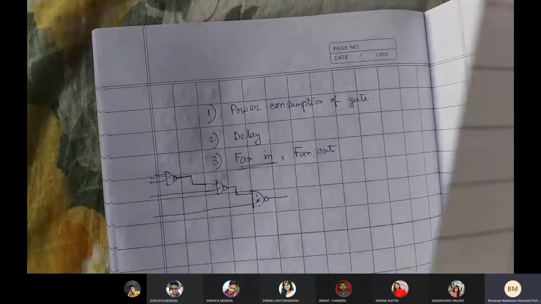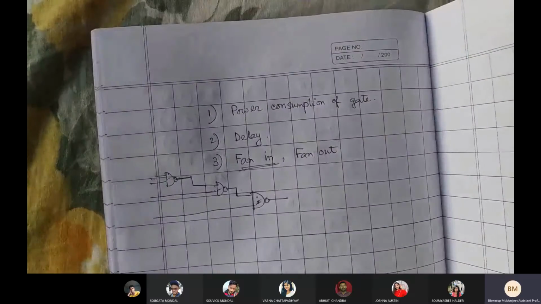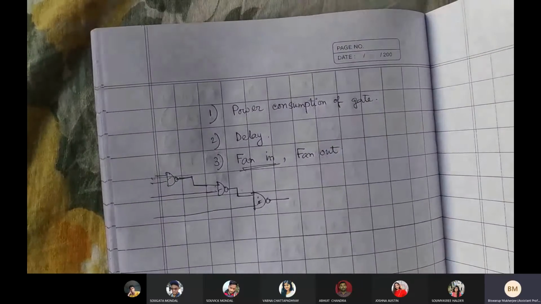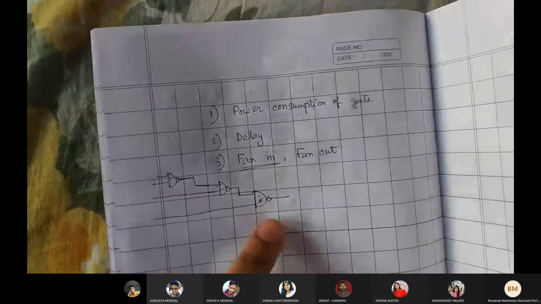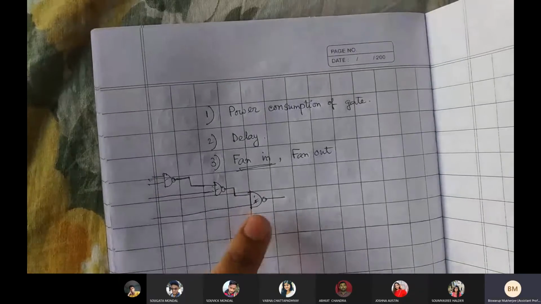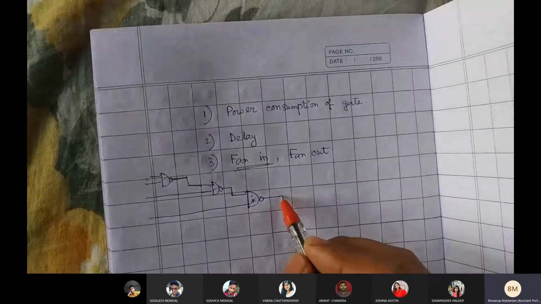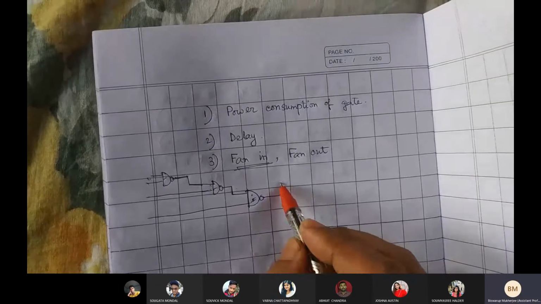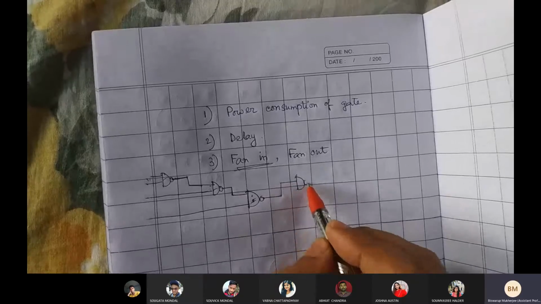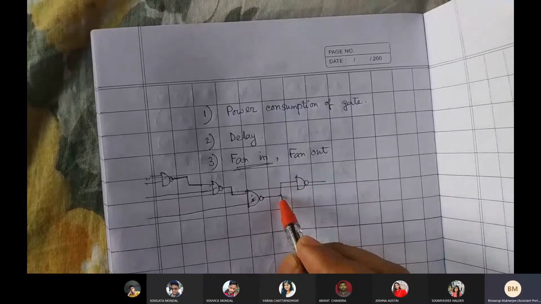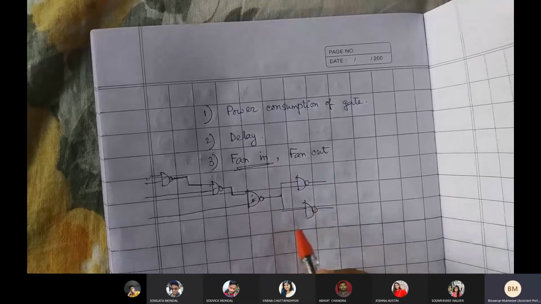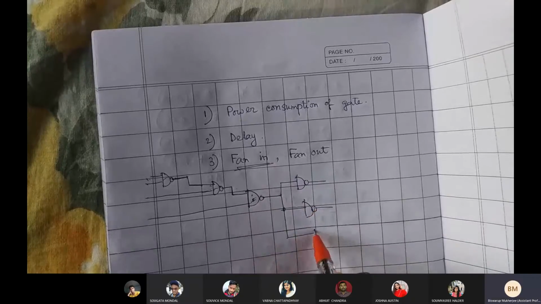That is how many gates you can connect at the input section of the final gate or final IC, you can say. Similarly, fan-out is how many... again, maybe this is the output and you have given it to a few more NAND gates. Maybe like this.